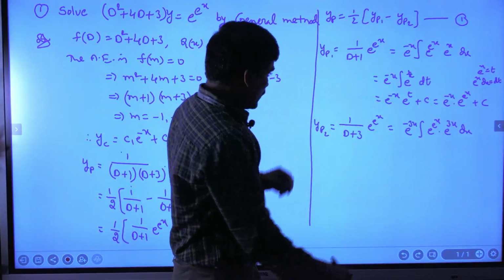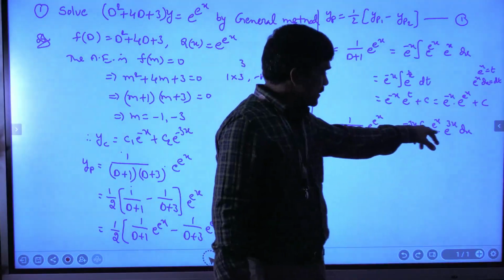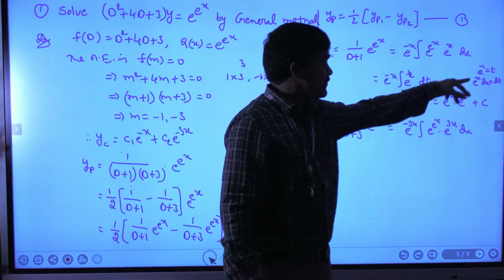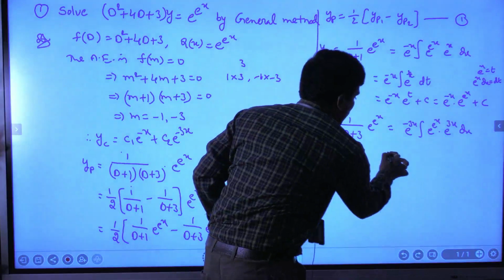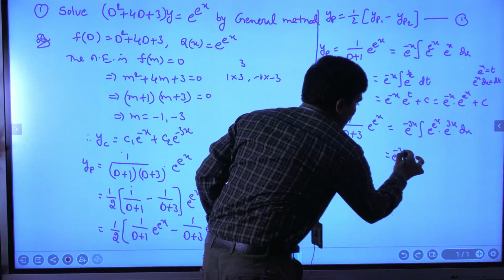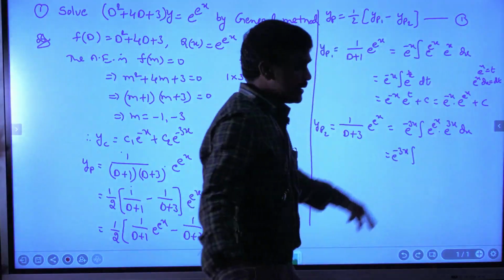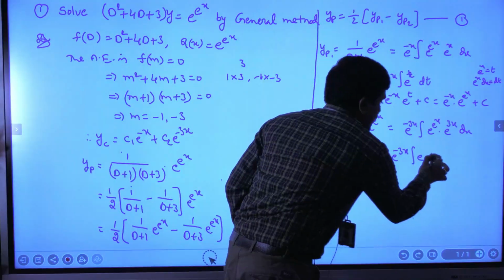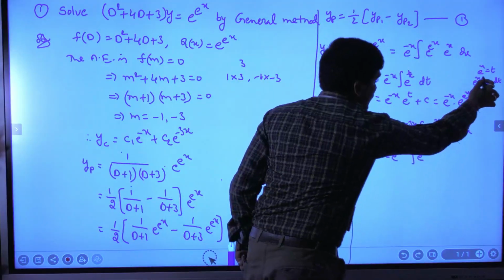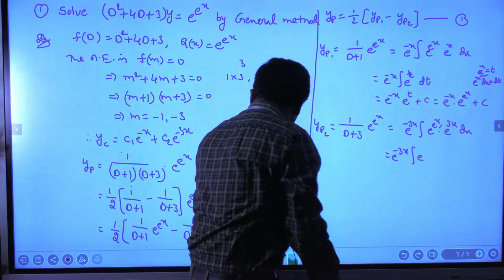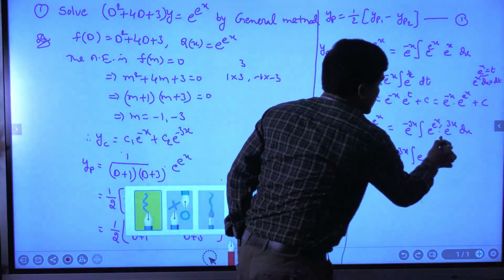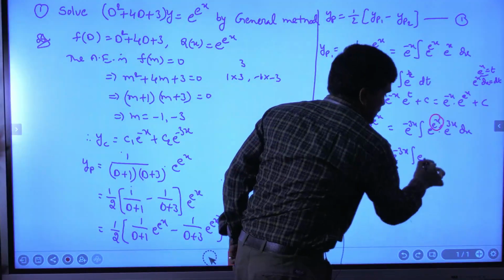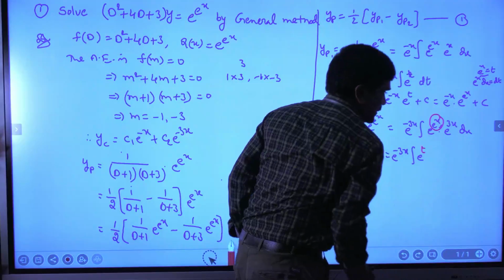Now again, to find the integral of this one, take a substitution. For the same substitution, in e^(-3x) times the integral, e^x is considered as t. So e^x is t, and so here write e^t.